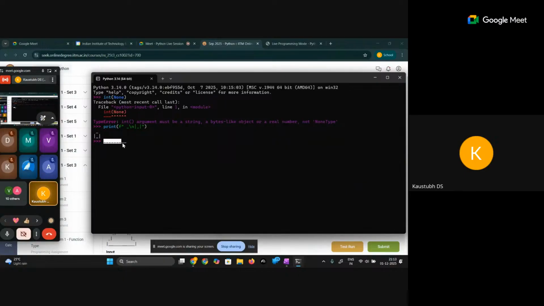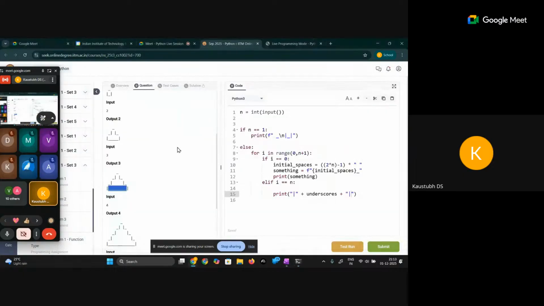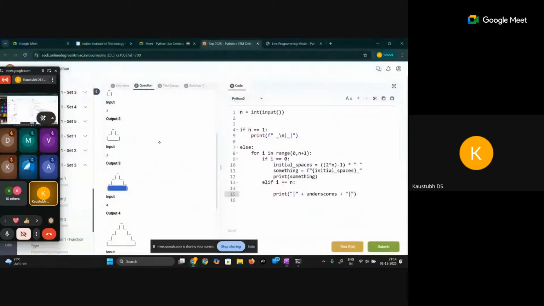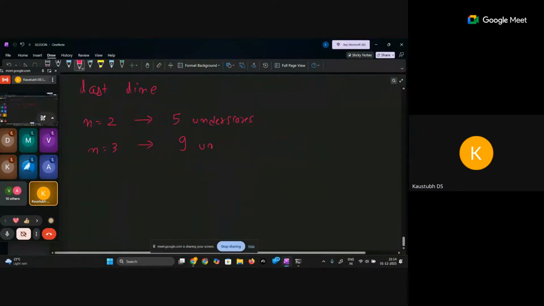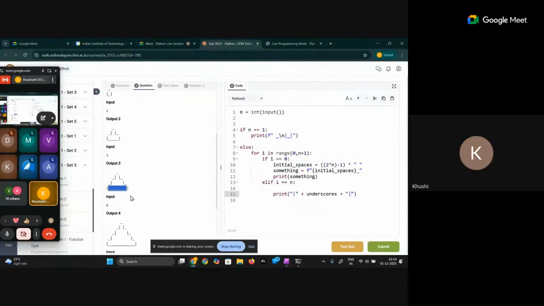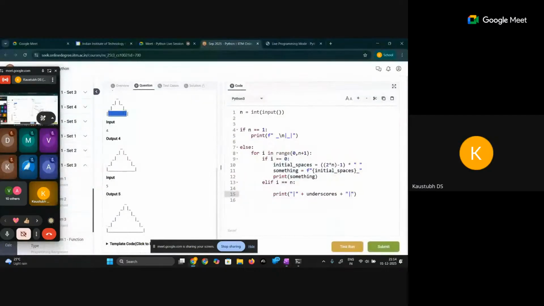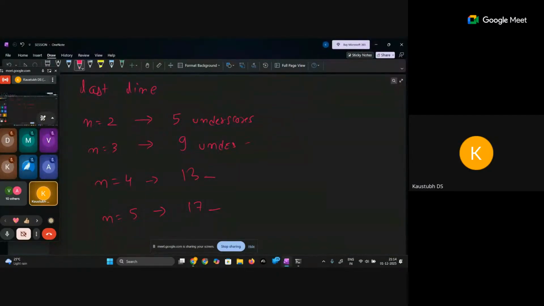One, two, three, four, five, six, seven, eight, nine. So for n equals 3, we have 9 underscores. For n equals 4, we have 13 underscores, and for n equals 5, we have 17 underscores.